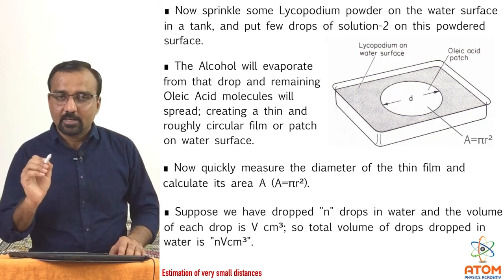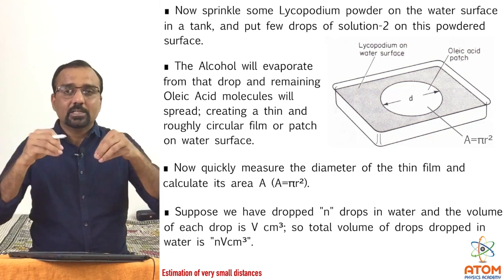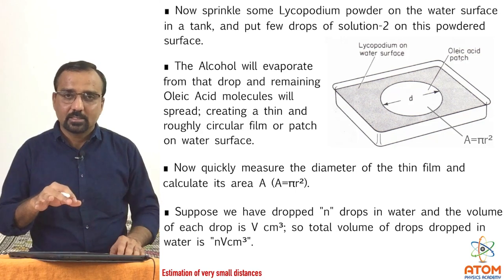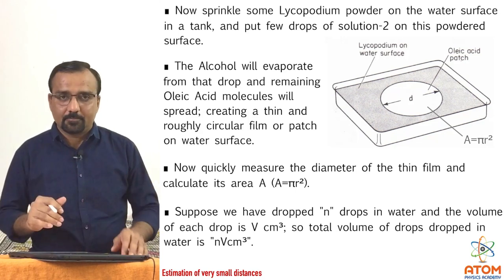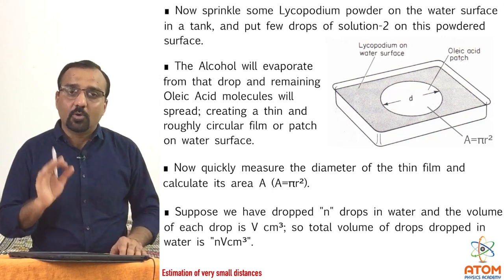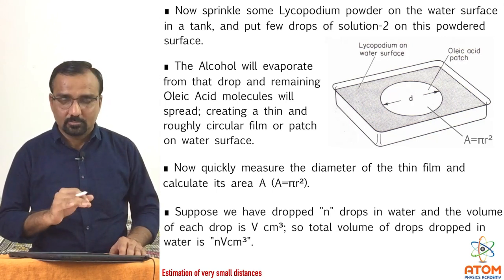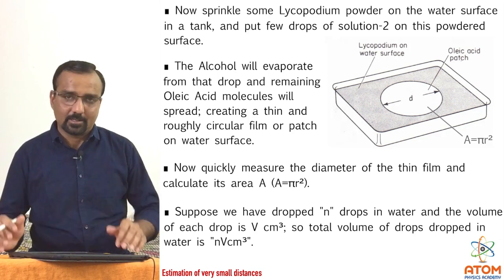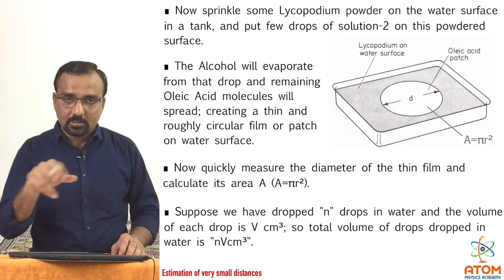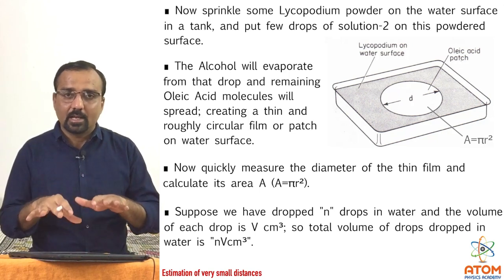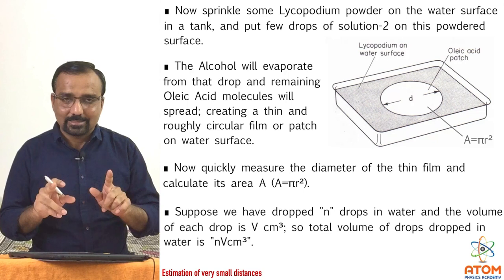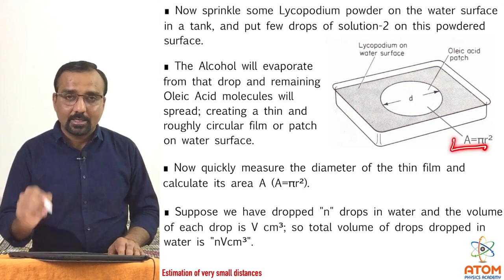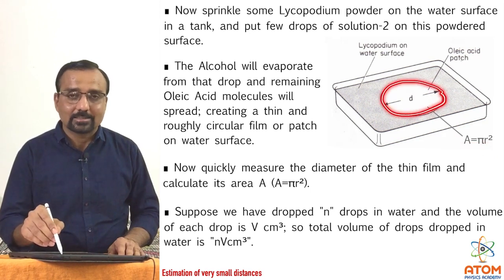Here, let us make one thing clear, that as soon as we put the drops of the solution 2 on water surface, alcohol will get evaporated, because the boiling point of alcohol is very low. That is why as soon as it comes in contact with water, it gets evaporated. That is why the thin film which is made now is having only oleic acid and not alcohol. So, the area what we are calculating is made by only oleic acid.